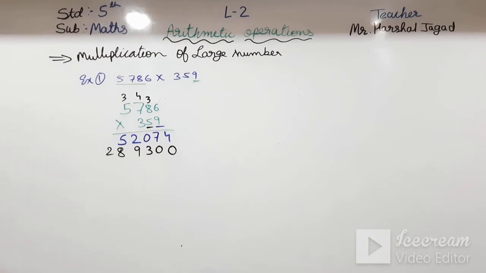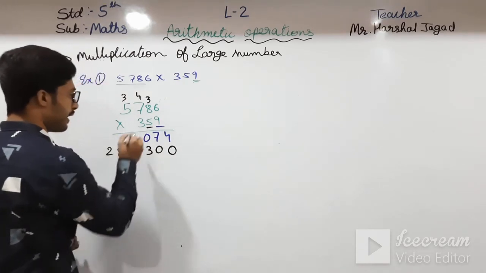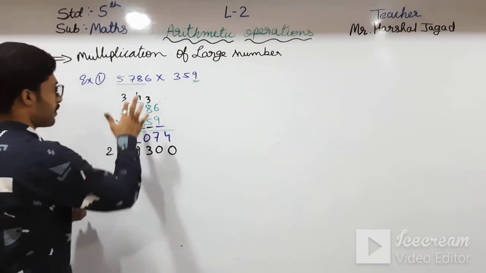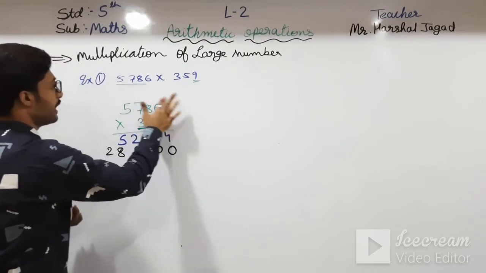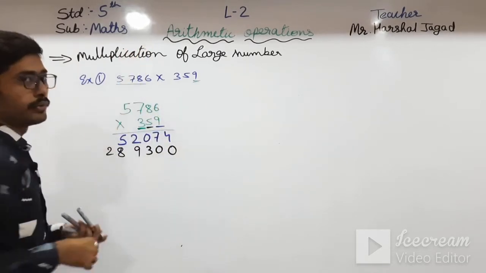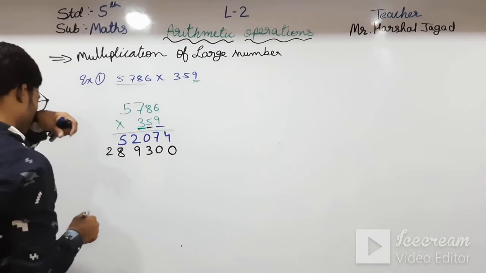And what is our next step? Now we have to multiply this with 3. I am rubbing this and multiplying with 3. You can also do it the upper side, but I am not doing that.